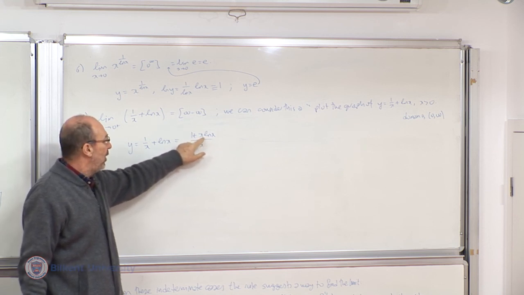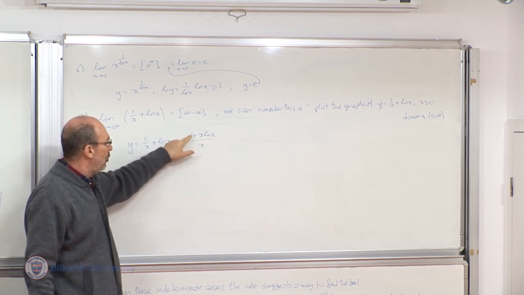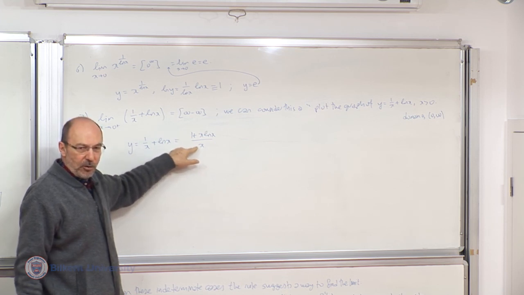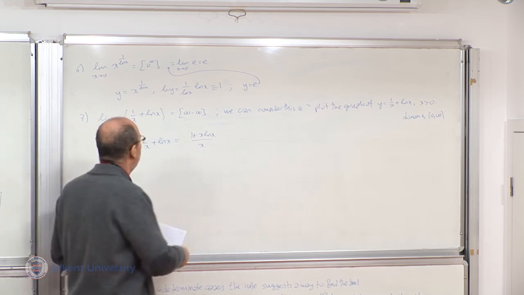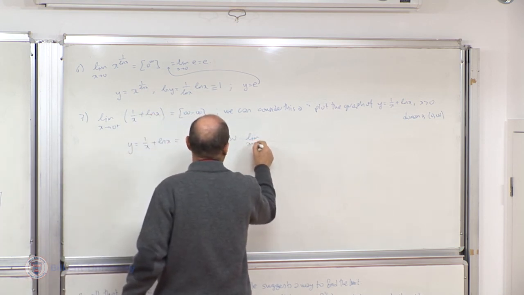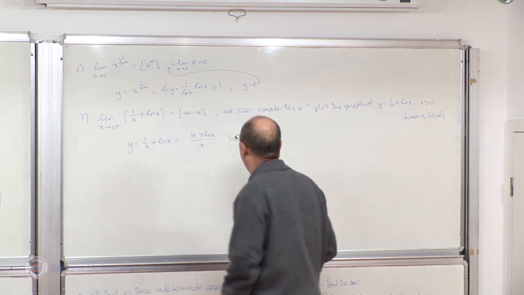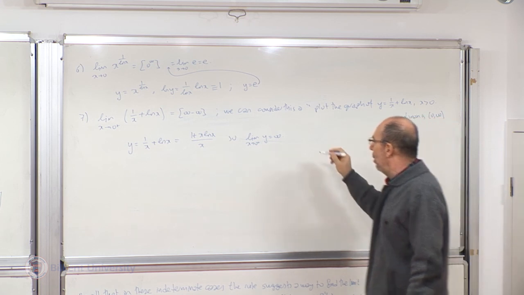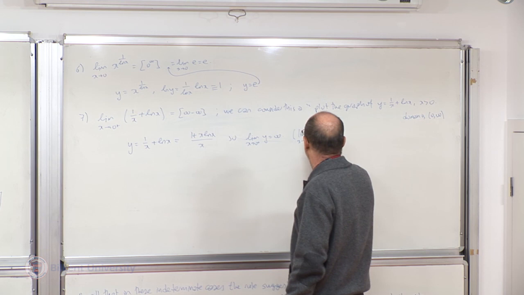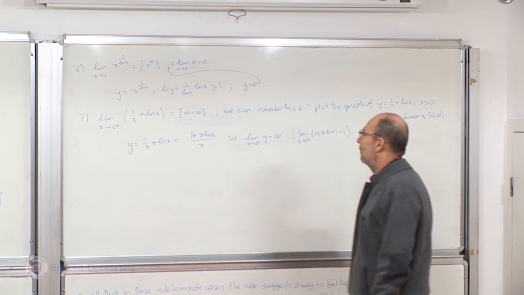So if x goes to 0, this whole thing goes to 0. The numerator goes to 1, the denominator goes to 0, so the limit is infinite. So the limit as x goes to 0 from the right of y is equal to infinite. The limit as x goes to 0 from the right of 1 plus x ln x is equal to 1.